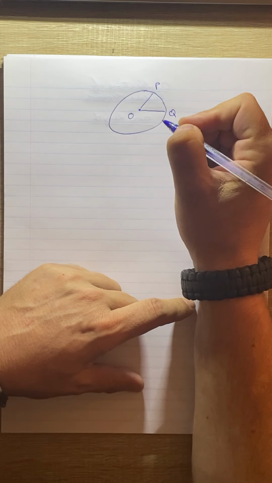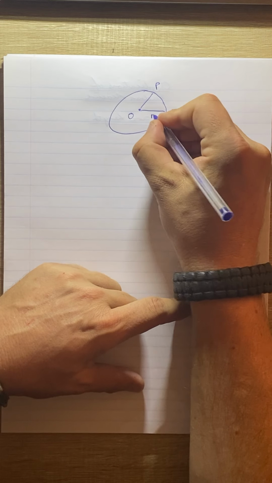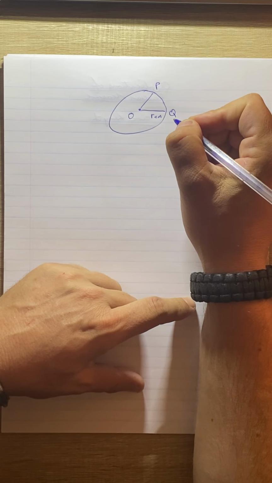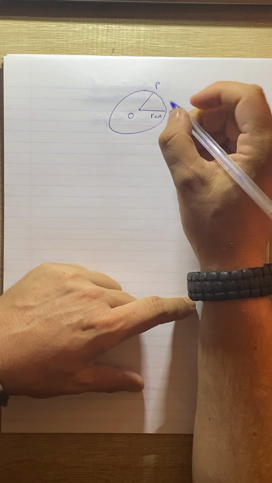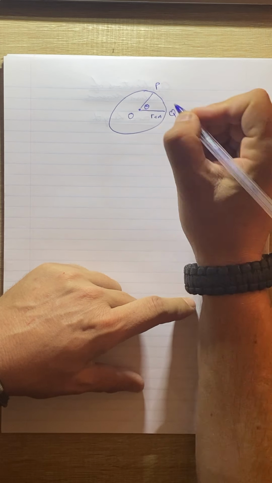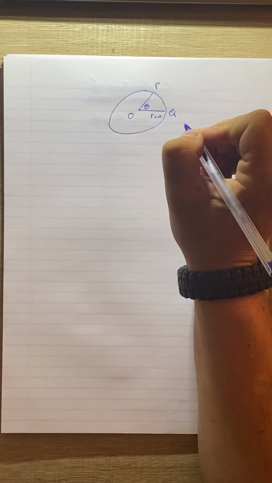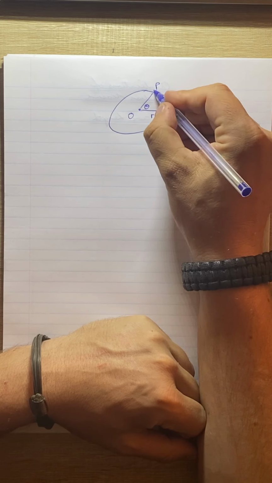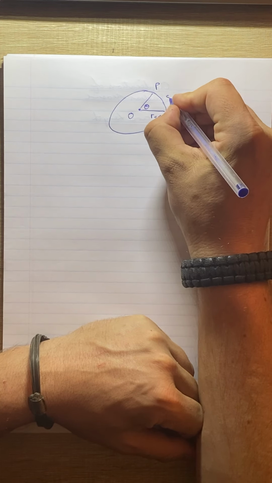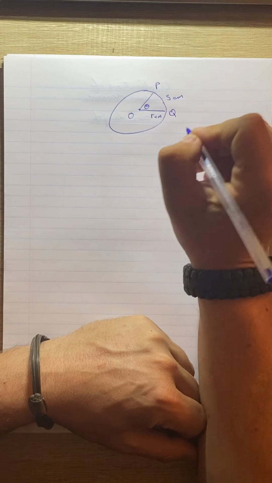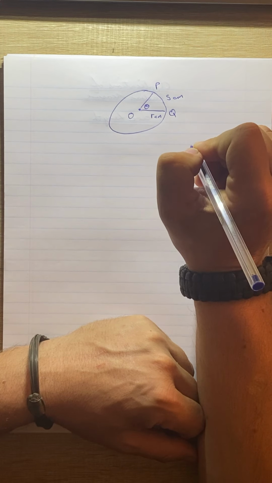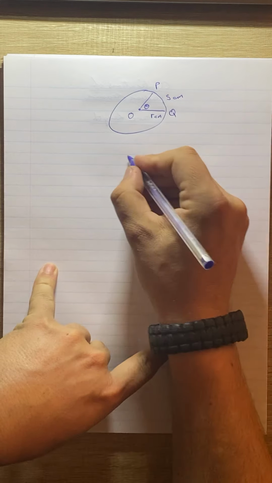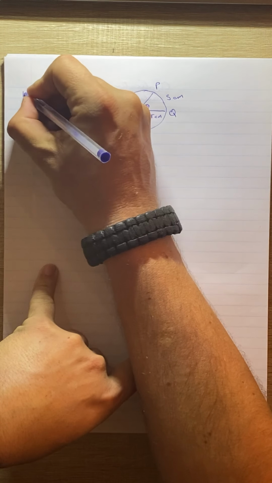Center O with radius R centimeters, and subtends an angle of theta radians at O. The length of arc PQ, this little length here, is S centimeters. Calculate the unknown in each case. So question, this is example 1.